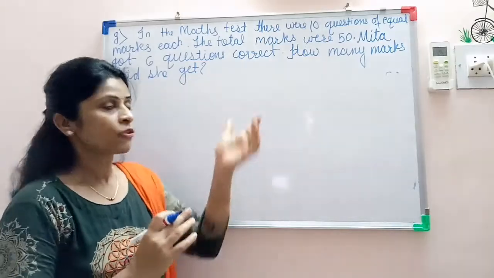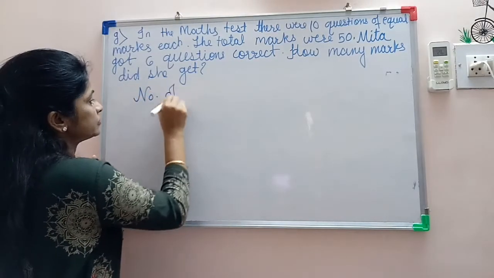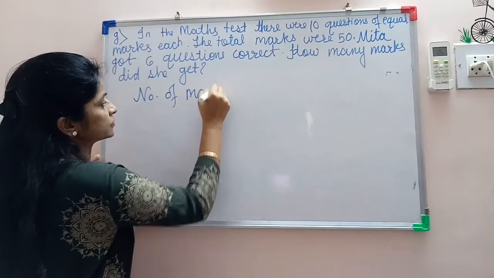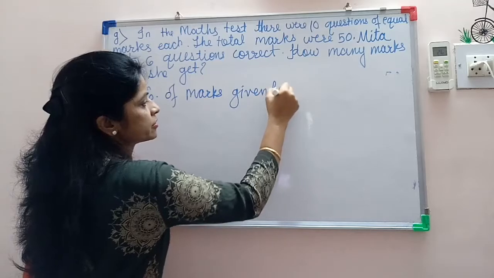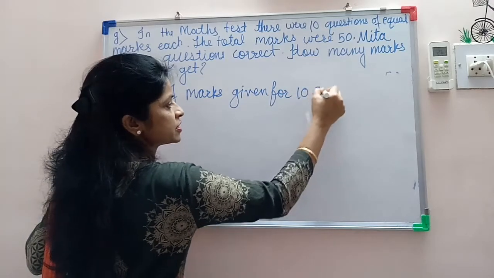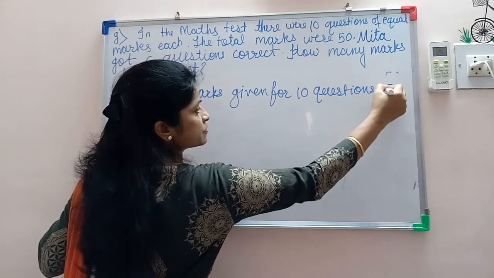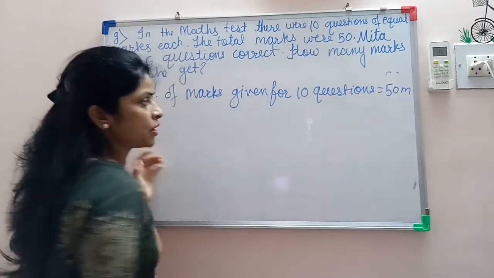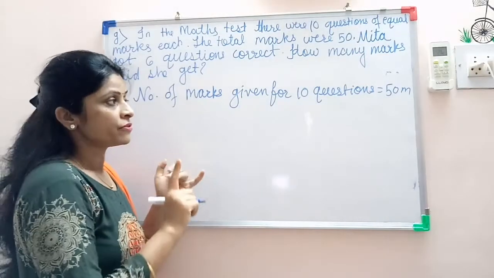First of all, what is given that we will write. Number of marks given for 10 questions, that is 50 marks. Now we have to find out how many marks will be there for the one question.